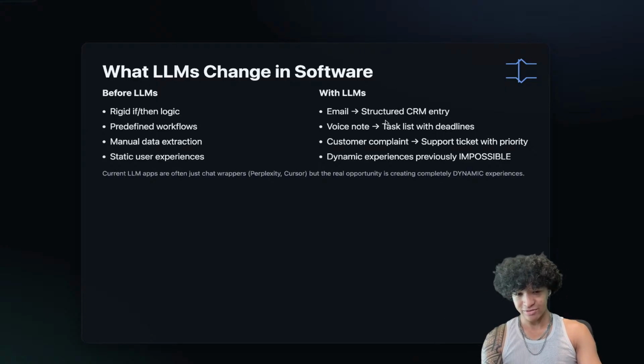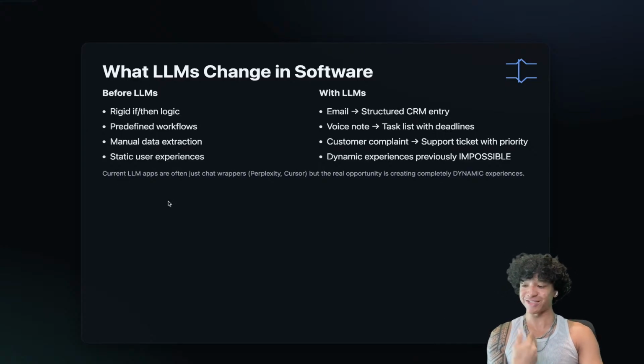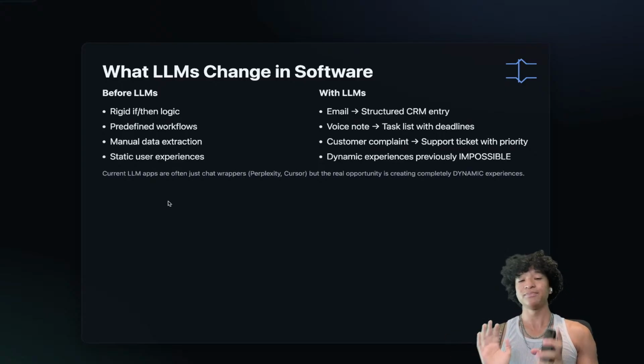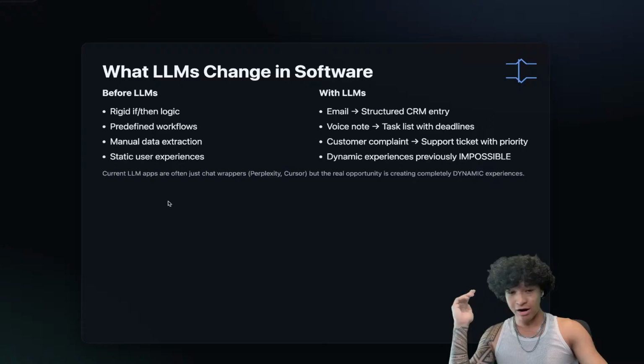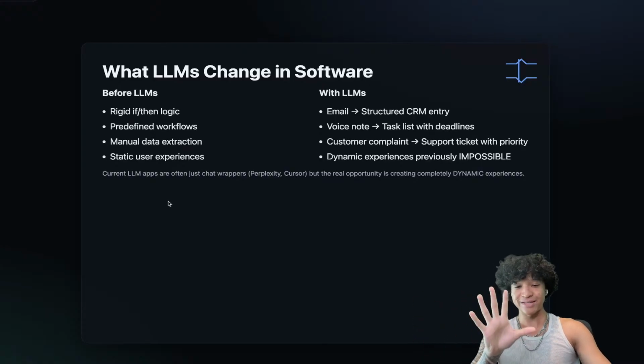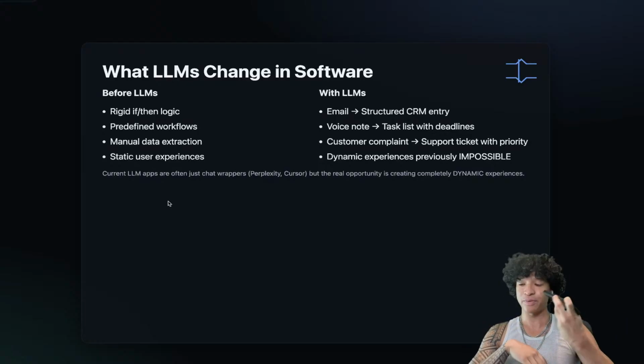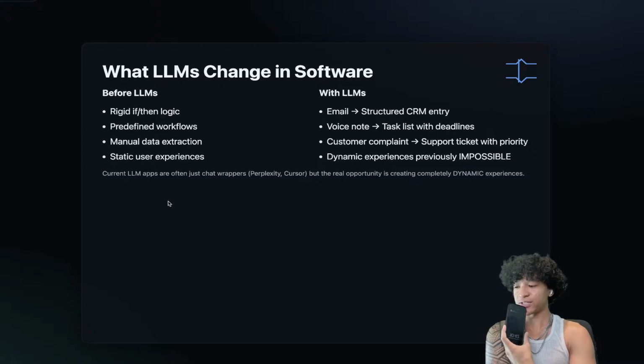I lost my train of thought. The voice note one is a lot more fun because this is what I do on a personal basis. Every day I wake up, I have really bad ADHD. I have no idea what's going on. I get overwhelmed with stuff really easily. A to-do app is one of the best examples for this, where I will literally speak into my phone. I'm like, okay, today I got Vibe Coders University. After that, I got to record a video. I got to prepare for my trip to China.